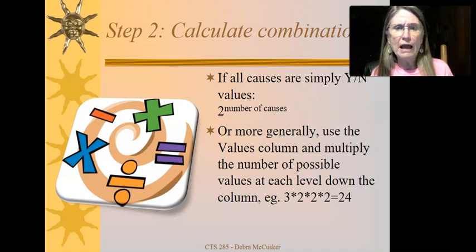If you have 3 different causes down your table, and each of those are yes, no values, then you're going to have 2 to the third or 8 columns necessary.